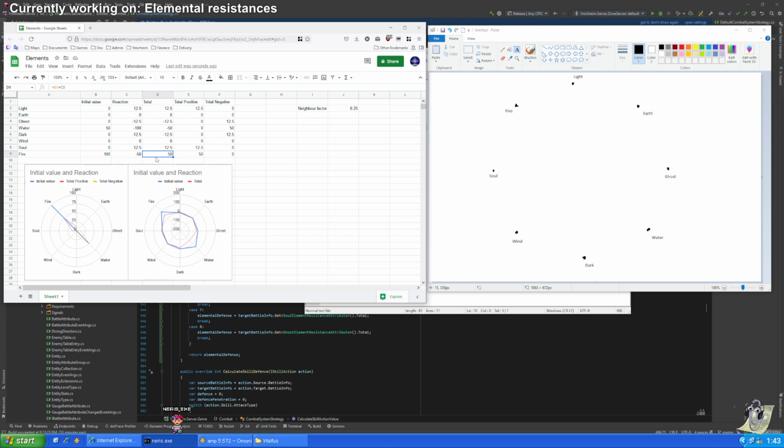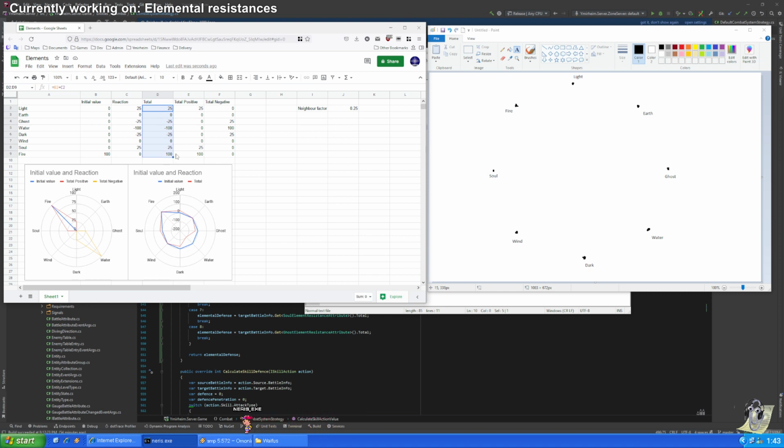Then I have like 50 fire minus 50 water. But yeah, I think it's fine. So yeah, this actually looks fine. I think I can use this.